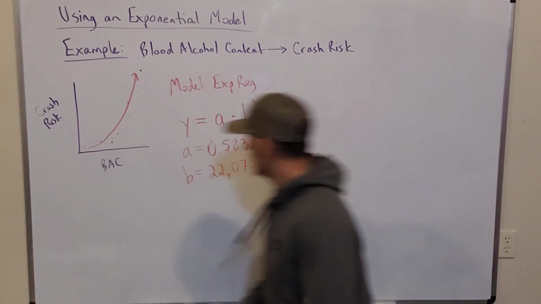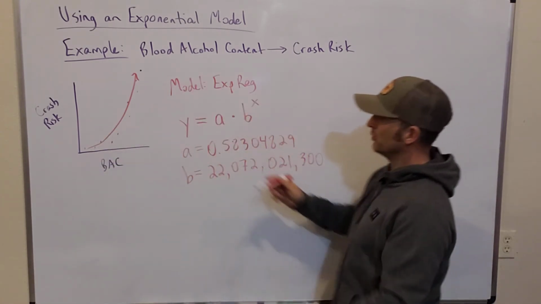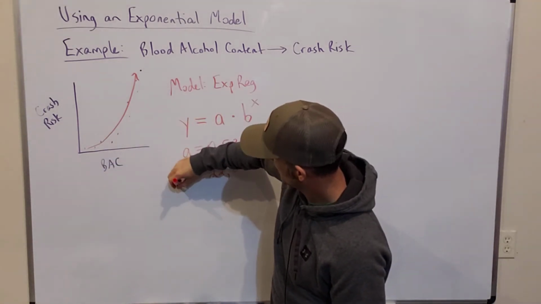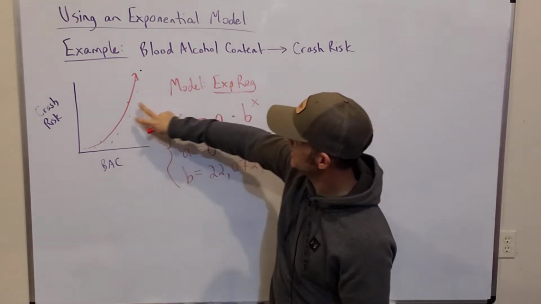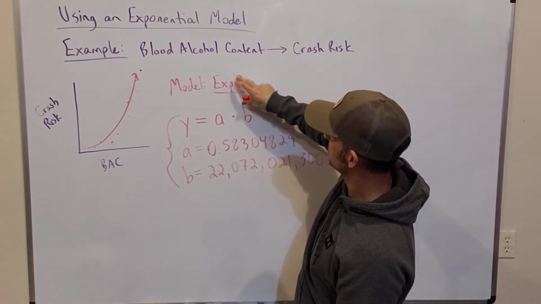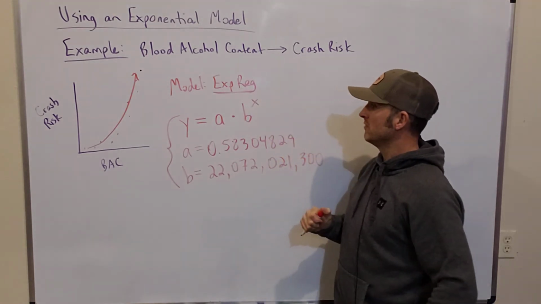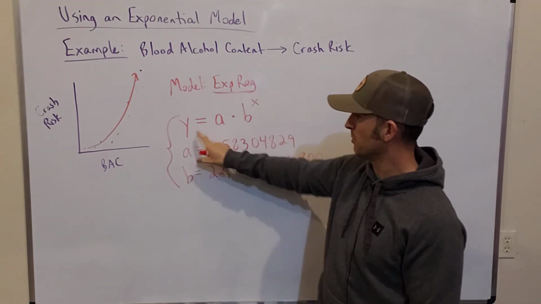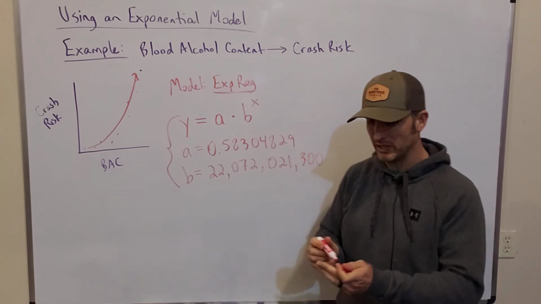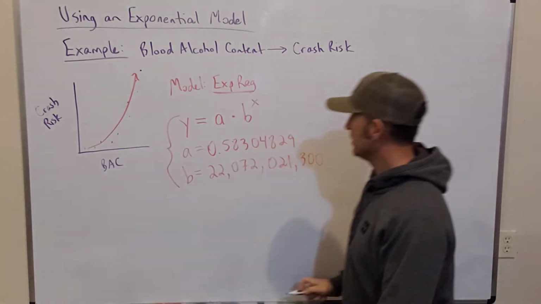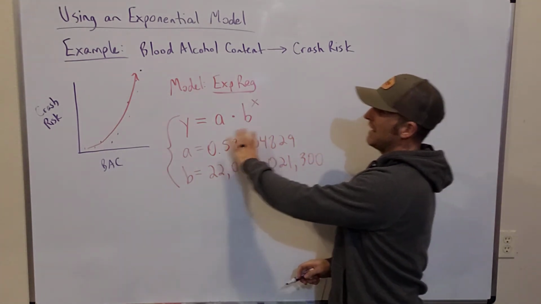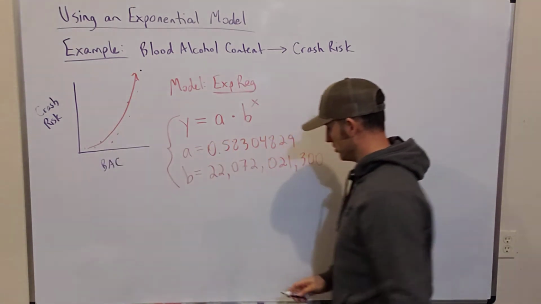Okay? So we have our model, which our graphing device gives us when we plug in the data to the exponential regression feature of the calculator. Now we can use this model to answer questions about this relationship.